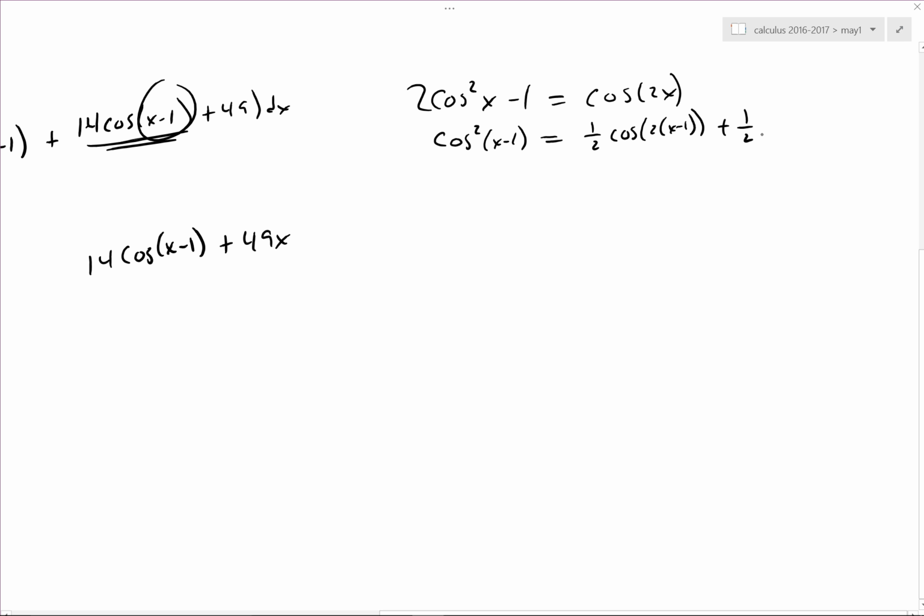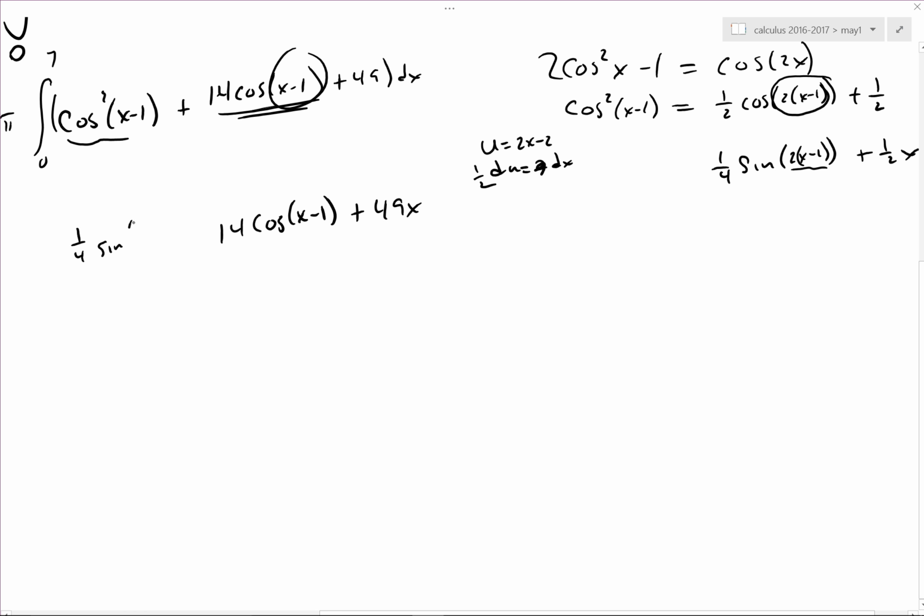If you integrate, let u equal 2x minus 2, then du is 2 dx. I don't have a 2 dx, I have a half of a du, so I'm going to get a quarter sine of 2x minus 2.